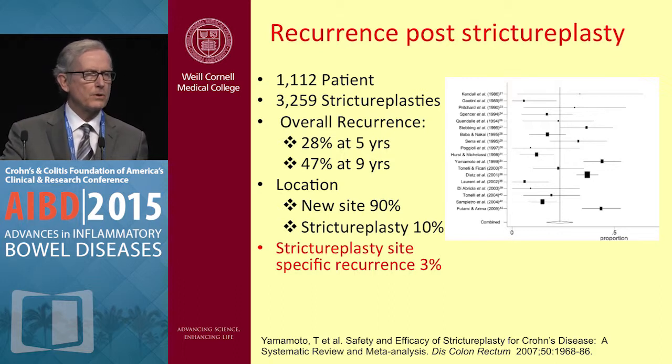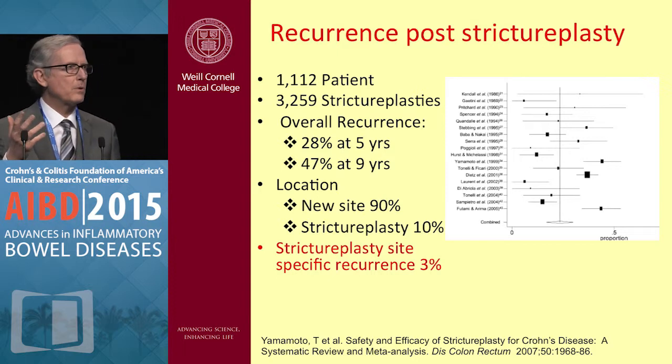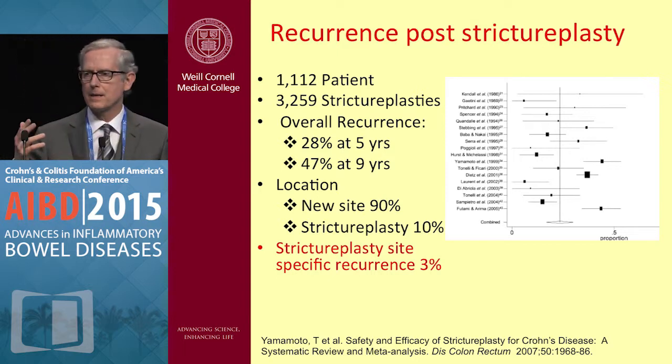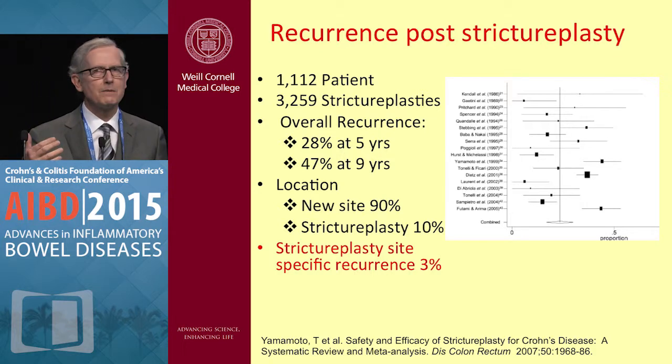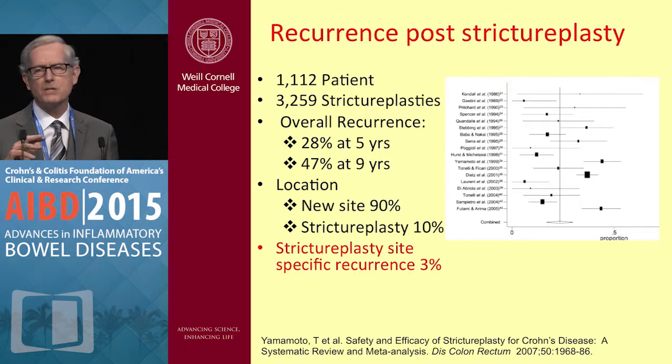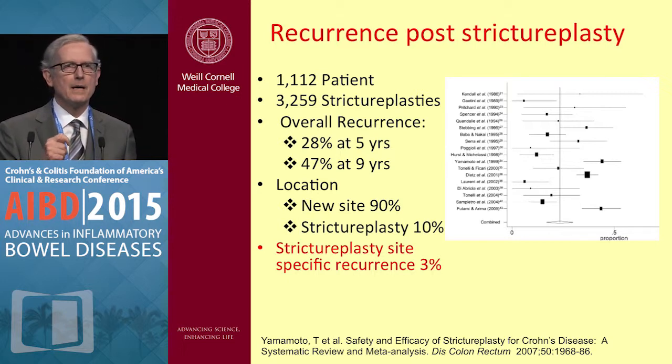Although the overall recurrence was what you would expect, when these papers analyzed where the recurrence occurred, in 90% it was on new sites away from the strictureplasty site, and only in 10% on the strictureplasty site. Considering there was an average of 3 strictureplasties per patient, Yamamoto calculated a strictureplasty site-specific recurrence of 3%, which is much, much less than what you would expect after a resection and an anastomosis.